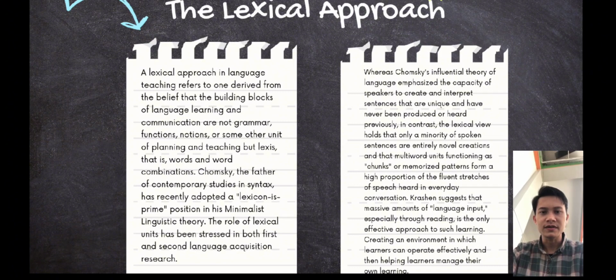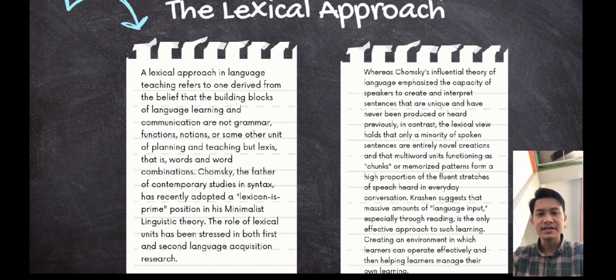Chomsky's influential theory of language emphasizes the capacity of speakers to create and interpret sentences that are unique and have never been produced or heard previously. In contrast, the lexical view holds that only a minority of spoken sentences are essentially novel creations and that multi-word units function as chunks or memorized patterns and form a high proportion of the fluent speech heard in everyday conversation.